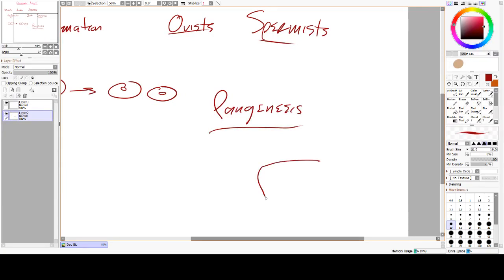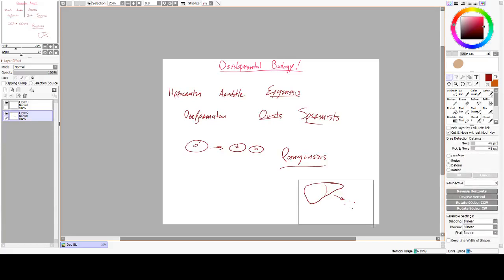Wow, I cannot draw a liver. There we go. He proposed that environmental causes caused stress on the liver, and then the liver sent out little granules, and those would cause a change in gene expression, which means you would change something in your genome that would change what you look like, or change how you react to stuff, which, again, is not true.